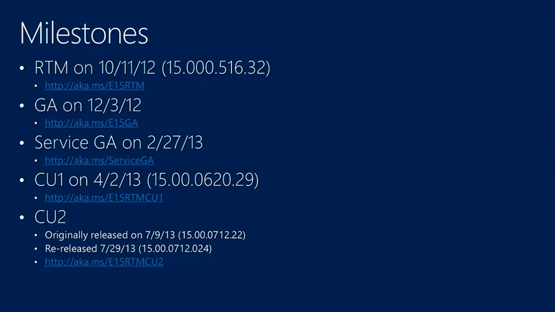Since then, we've also released some cumulative updates. The latest is Cumulative Update 2, second edition, which is build 7.12.24. So for those of you who have Exchange 2013, ideally you'll be on this latest cumulative update to get all the goodness that we have in there.